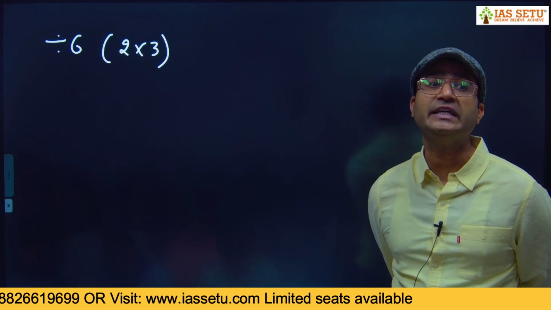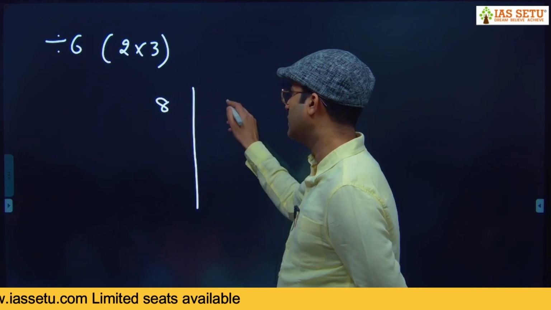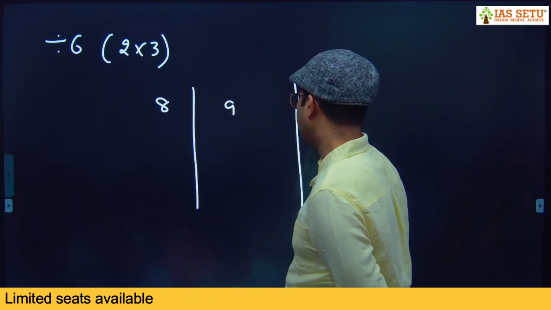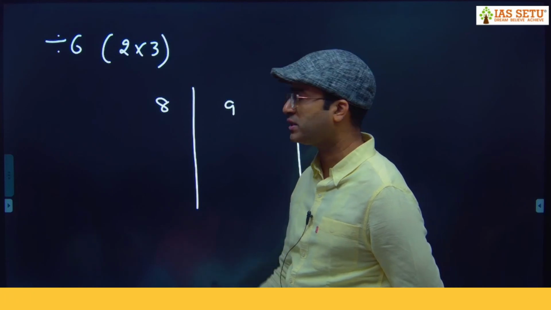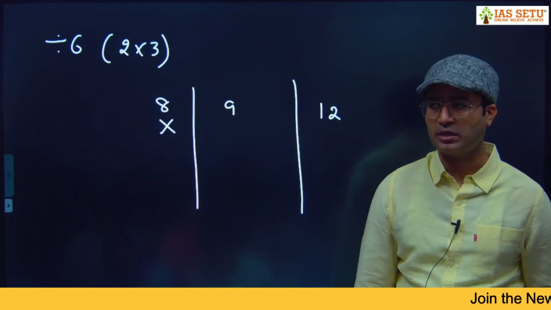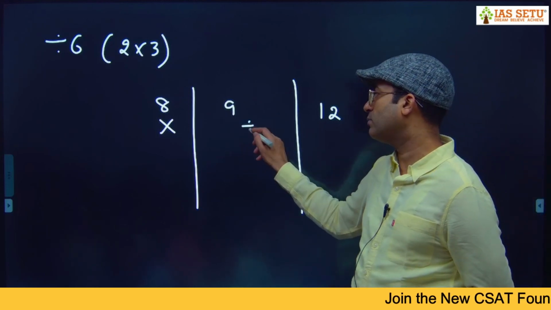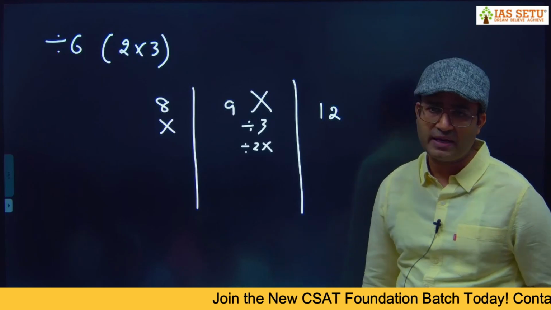It is not that either case. Like I give you an example, 8, 9, 12. See, this 8 is divisible by 2 but it is not divisible by 3, that's why it is not divisible by 6. ये सिर्फ 2 से divide हो रहा था, 3 से नहीं हो रहा था. 9 is divisible by 3 but it is not divisible by 2, that's why it is not divisible by 6.